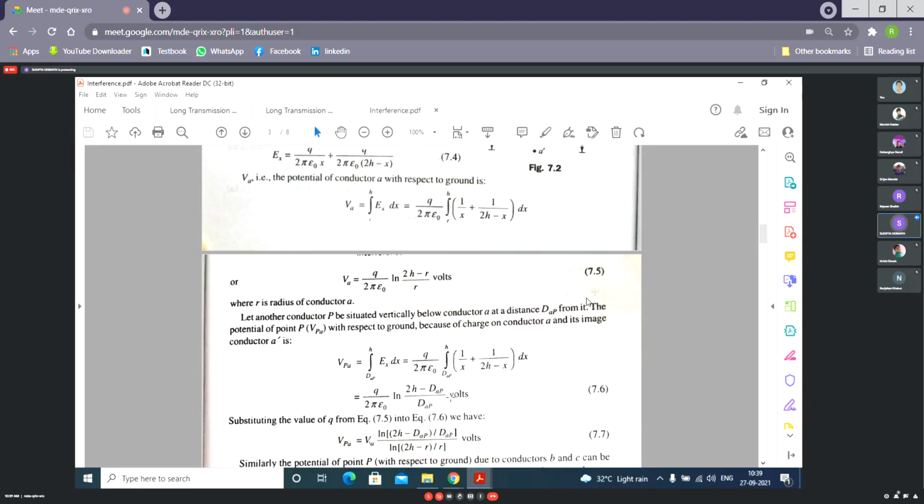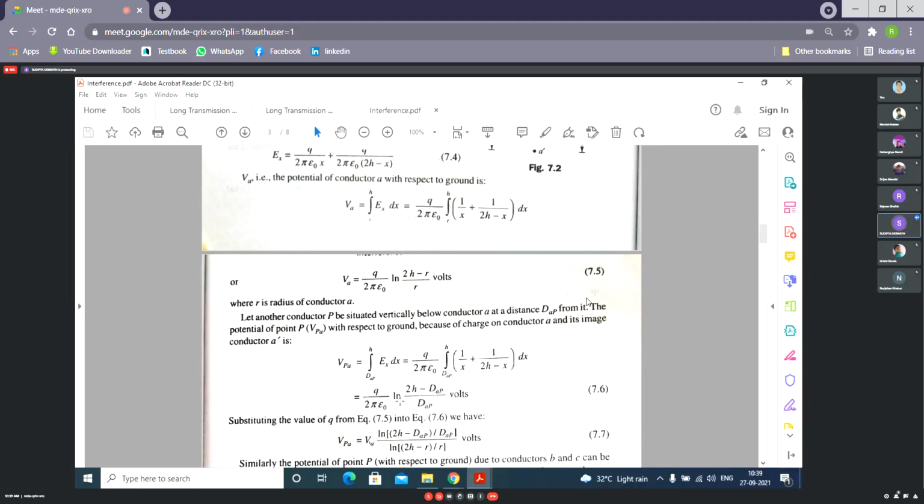Okay, now you find out what is PA. PA you find out with respect to VA, because VA, VB, VC should be known. That is the voltage of these conductors. So if you can find out this VPA in terms of the voltage of all the conductors, then you can find out what is VPA.